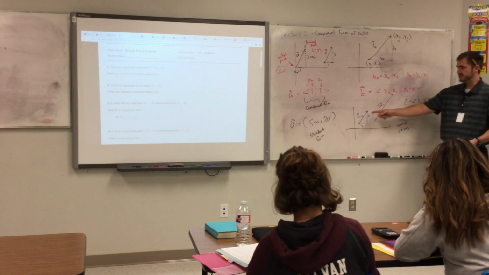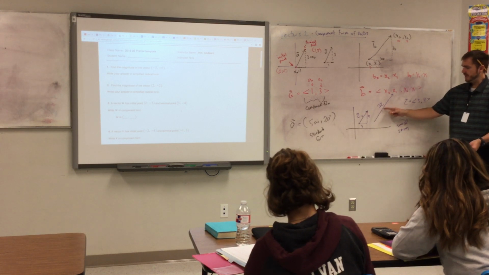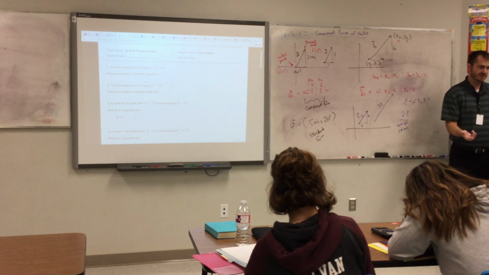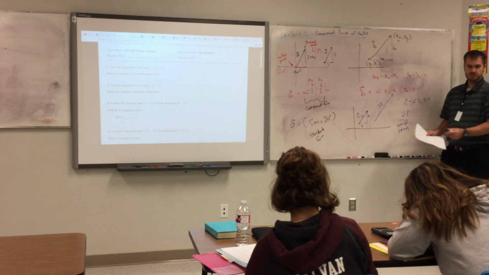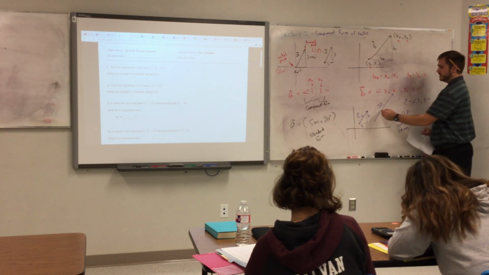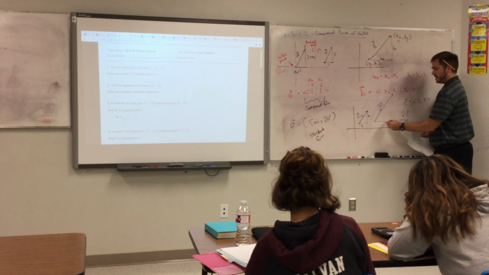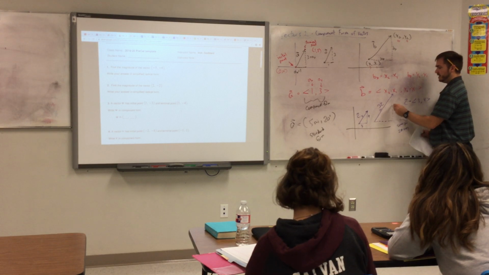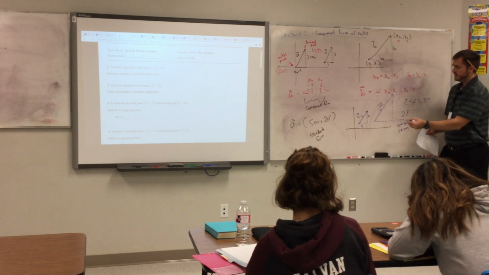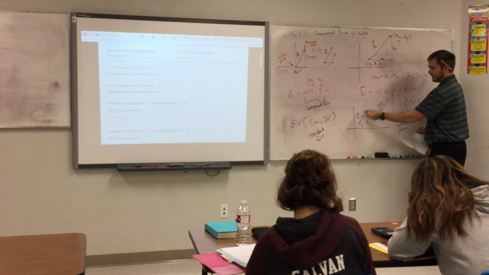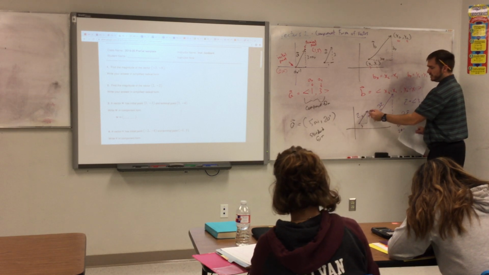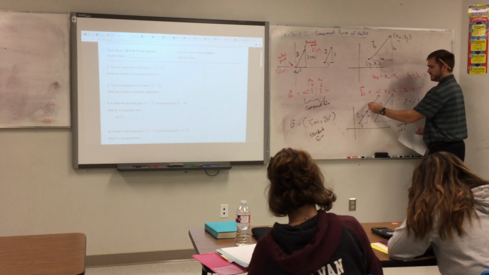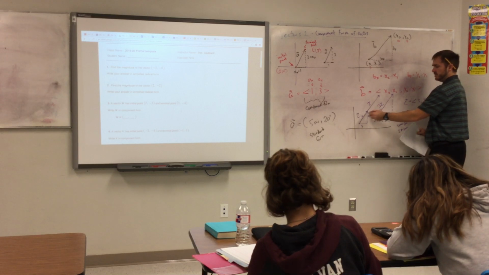Well, if this had a magnitude of 5, then the magnitude of 2c is going to be 2 times 5. So that's going to be 10. And in fact, it's essentially the same as if you took vector c and then another vector c and added them together.